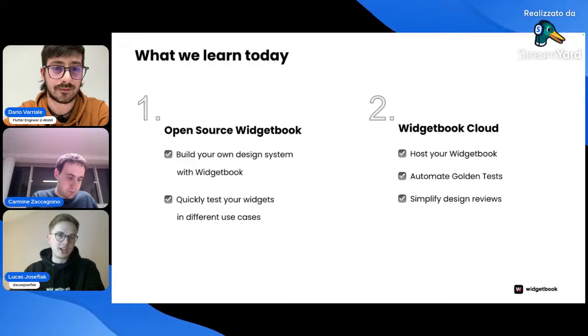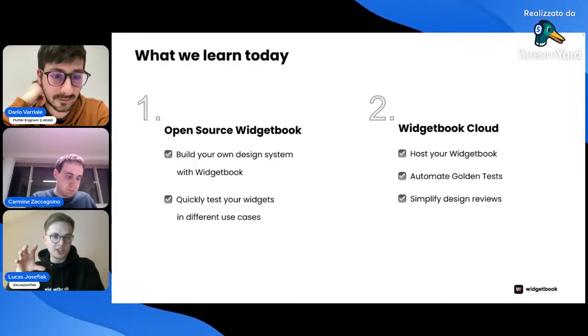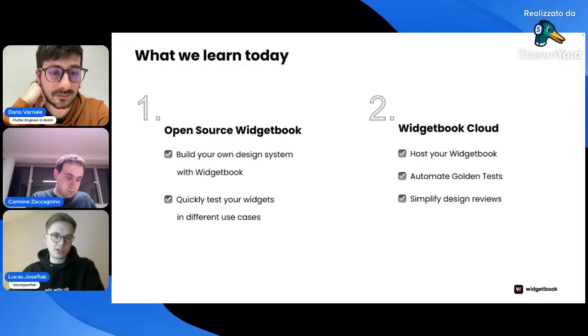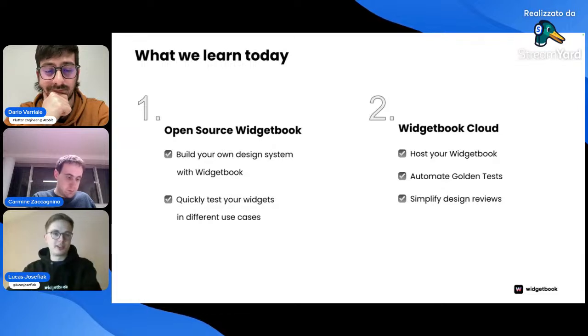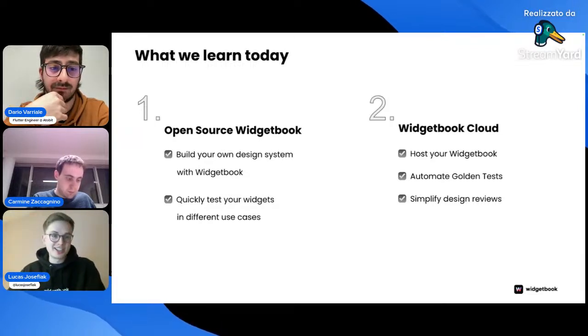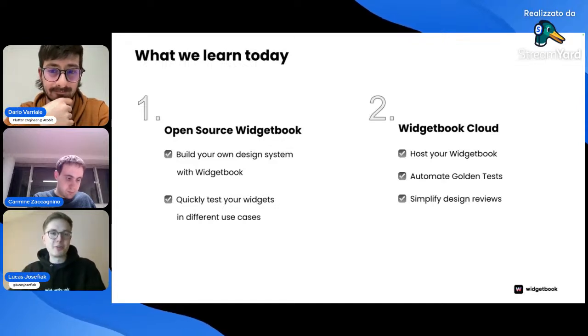We're going to learn how we can build our own design system and how we can also use Widgetbook to build our components in isolation and therefore test them a lot quicker already during development. And that's something that we see not only big Flutter teams with design systems using, but also indie hackers, for example, who are just building a Flutter app by themselves, as a one-person development army.